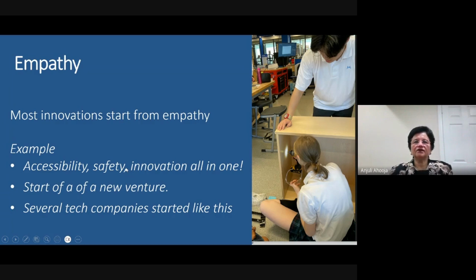Instead of standing on a chair or a step stool, the cabinet itself would come down, and she would avoid standing on those things to reach the things that she needed. And of course, it's an innovation. I always tell my students that this could be the start of a new venture because some of the companies actually started like this. There are so many other examples of empathy that I can share later on when I give you the examples, but this is the one that happened this year, so I thought I should share it with you.